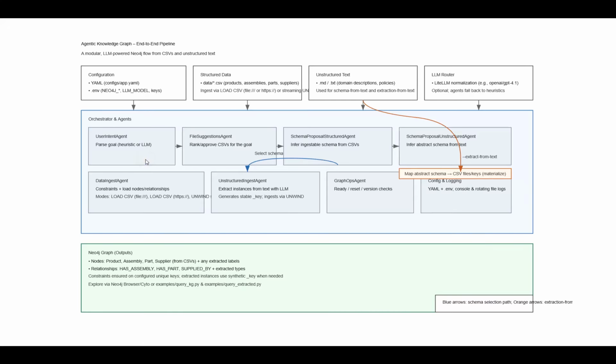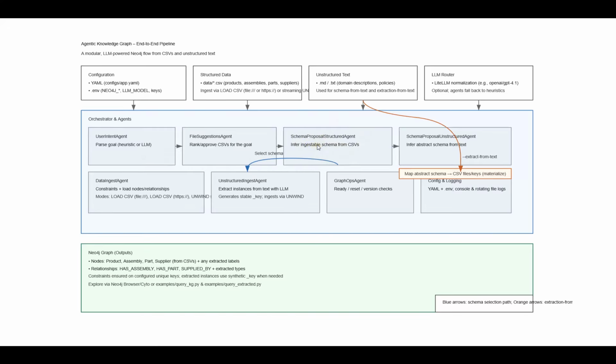We want to create a knowledge graph from these files, and this is going to be files for products, files for and so on. So it's detecting the intention of the user. We have another agent which looks at a folder that we pass as a parameter and understands which files are relevant to fulfill the intention of the user.